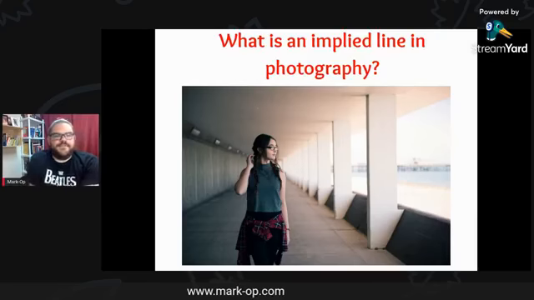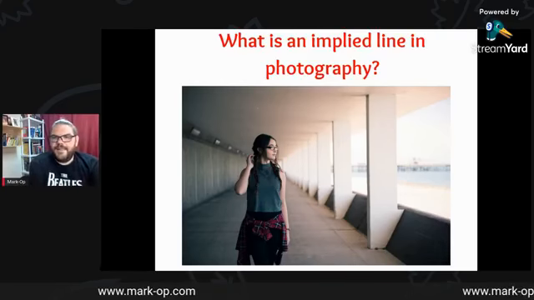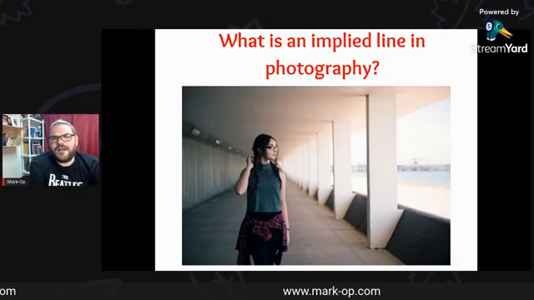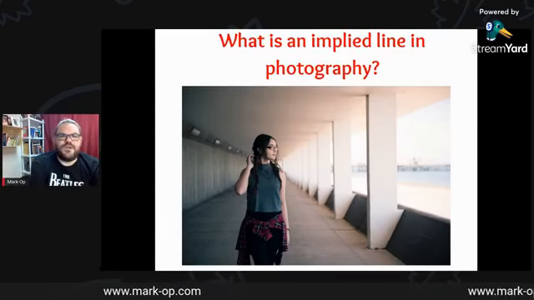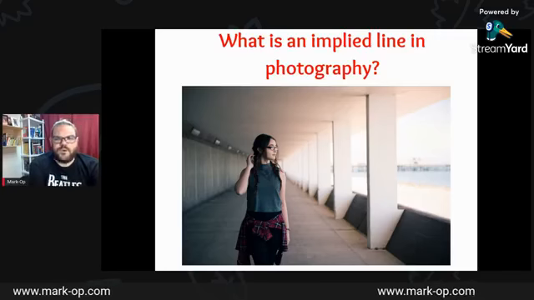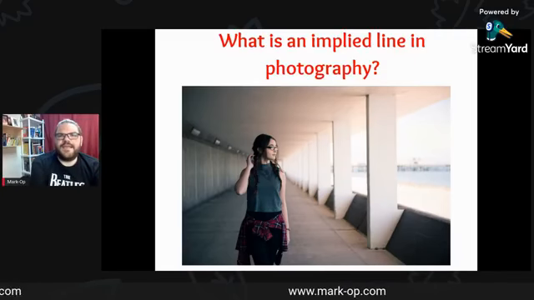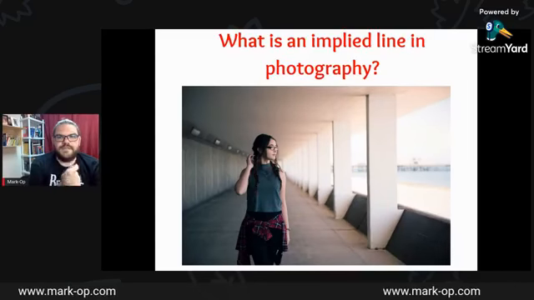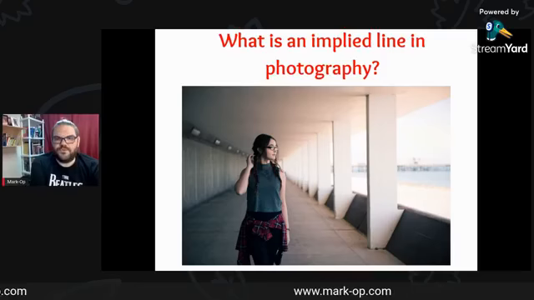Implied lines in photography are a subtle art. Very often, the techniques are used to inform and lead viewers. It's not something that is very pronounced in the picture. It's very discreet. So that's something that you have to look at.